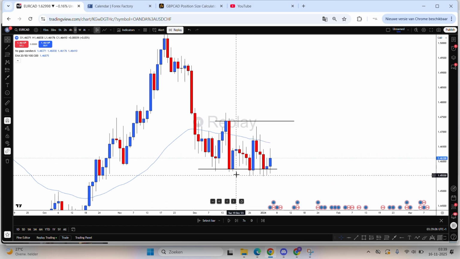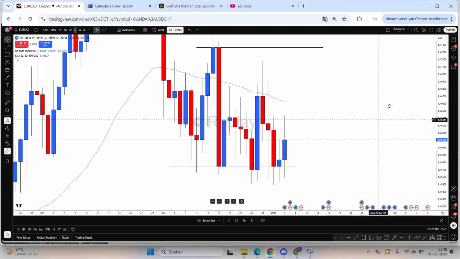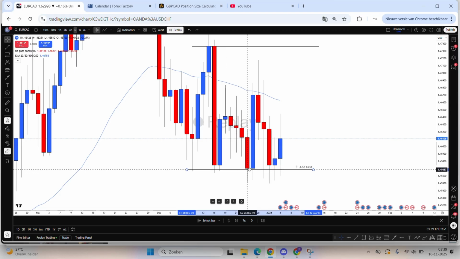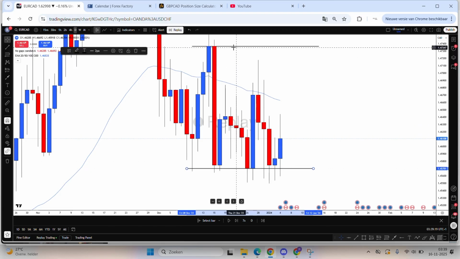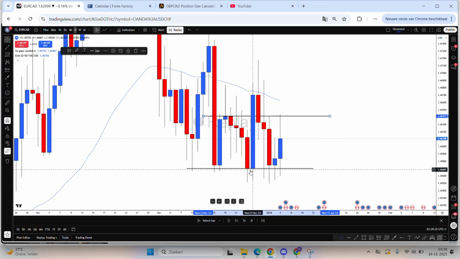Boom, and we did. So this is tricky. You have to be very careful with this and very sharp. That's why the lines will save you every time. We broke under, so this is the lower low, and this was the lower high, right? Because this push right here comes from these 2 candles.